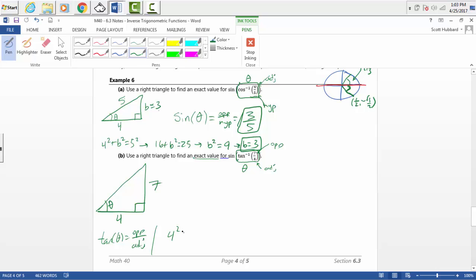It's going to be 4 squared plus 7 squared equals c squared, which is 16 plus 49 equals c squared. That's 65 equals c squared. Then we take a square root, so c is equal to the square root of 65.